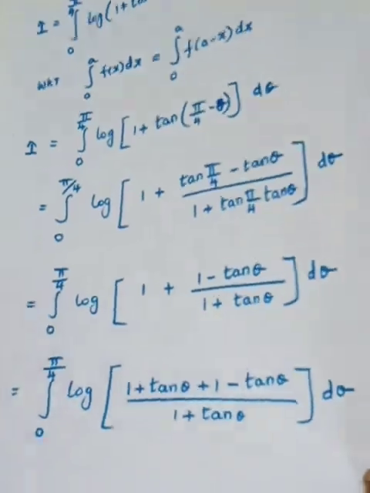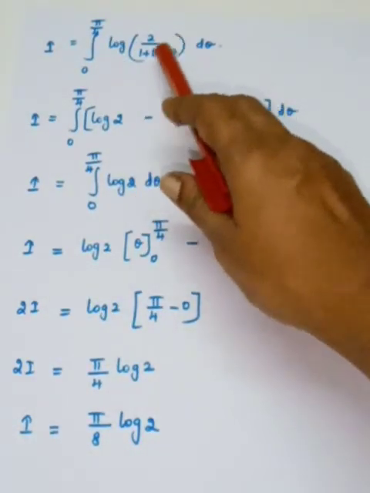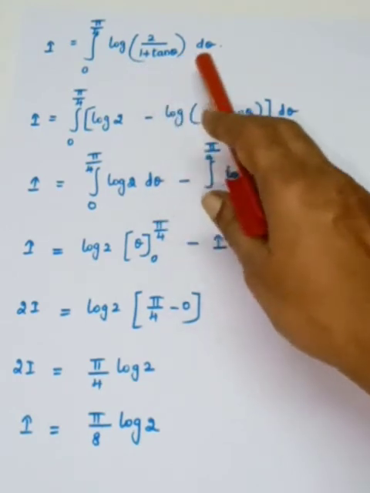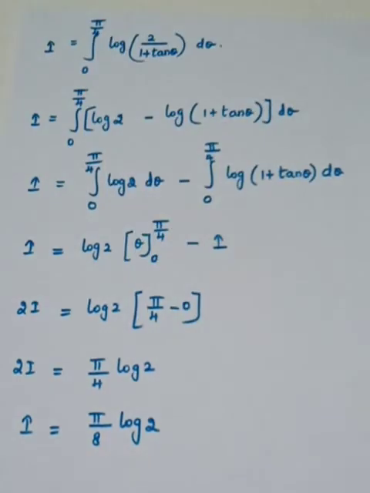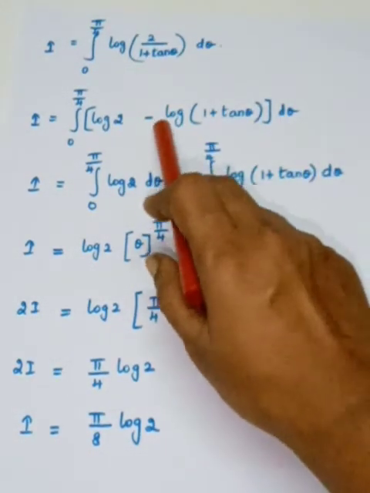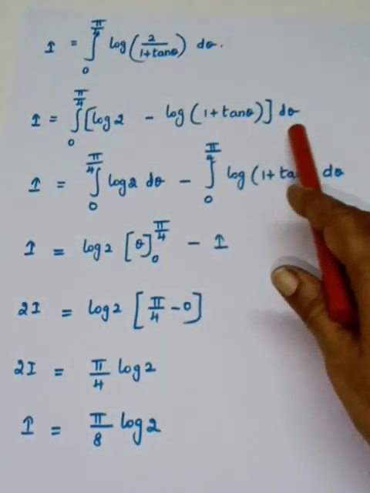So integral 0 to pi by 4 log of 2 divided by 1 plus tan theta into d theta. So here it is in the form of log a by b. So what is log a by b? Log a minus log b. So log 2 minus log of 1 plus tan theta into d theta.